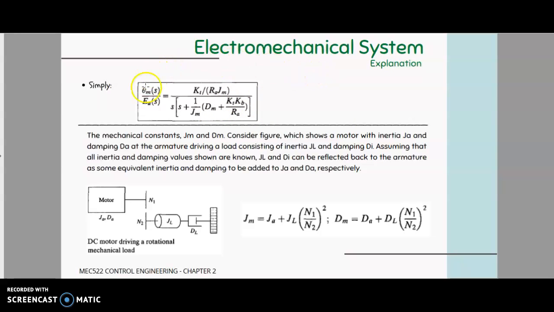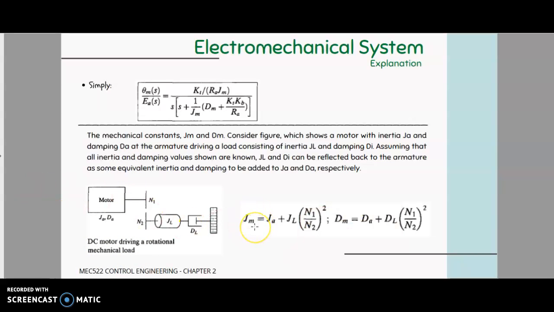So this is the final equation. But if you have two gears here, we just need to know the relation between N1 and N2, so you can get this equation. You can derive it and lastly you will get an equation something like this. Jm is the equivalent inertia of the motor.